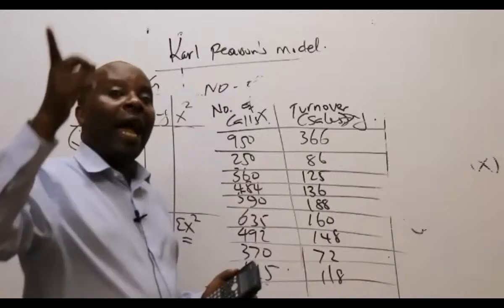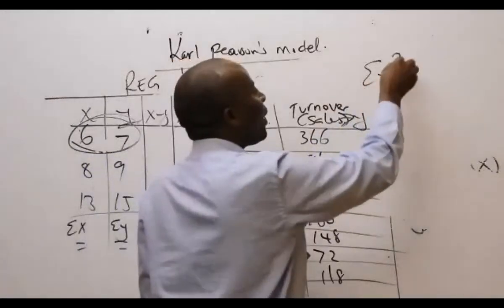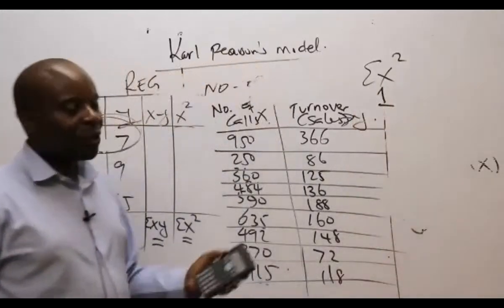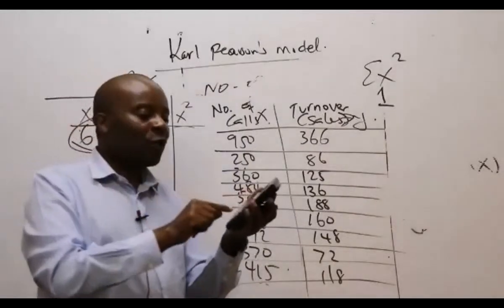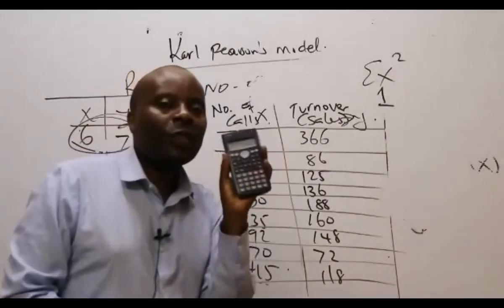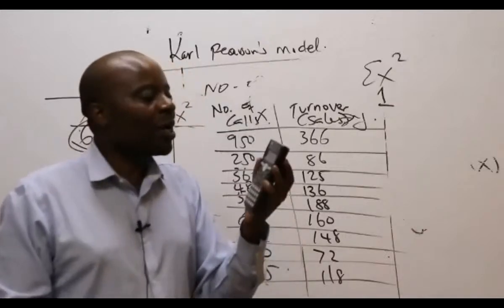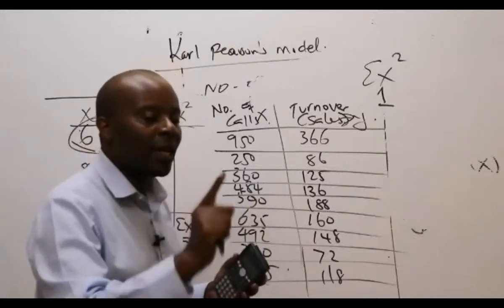And the summation of x squared, you can see summation of x squared. If you are a good student, below sum of x squared, I can see a 1. So what I am supposed to do is to write 1 there. And once I write 1 there, you must be careful. When you write 1 there, you see summation of x squared alone being left on the screen.